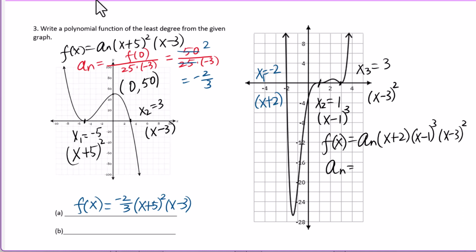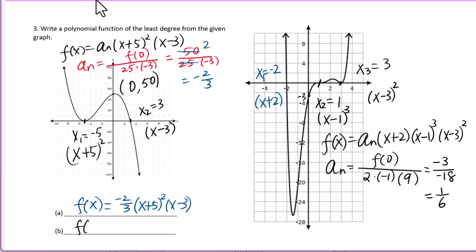Then a sub n equals, let's check the y-intercept, negative 3. F of 0 over (0 plus 2, which is 2)(0 minus 1 to the third power, which is -1)(0 minus 3 squared, which is 9), which equals -3 over -18, which equals 1 over 6.